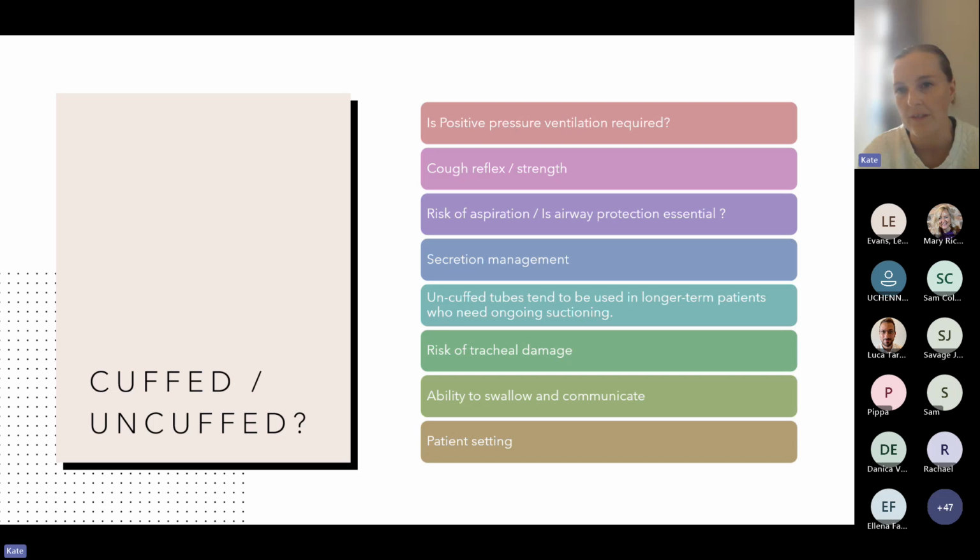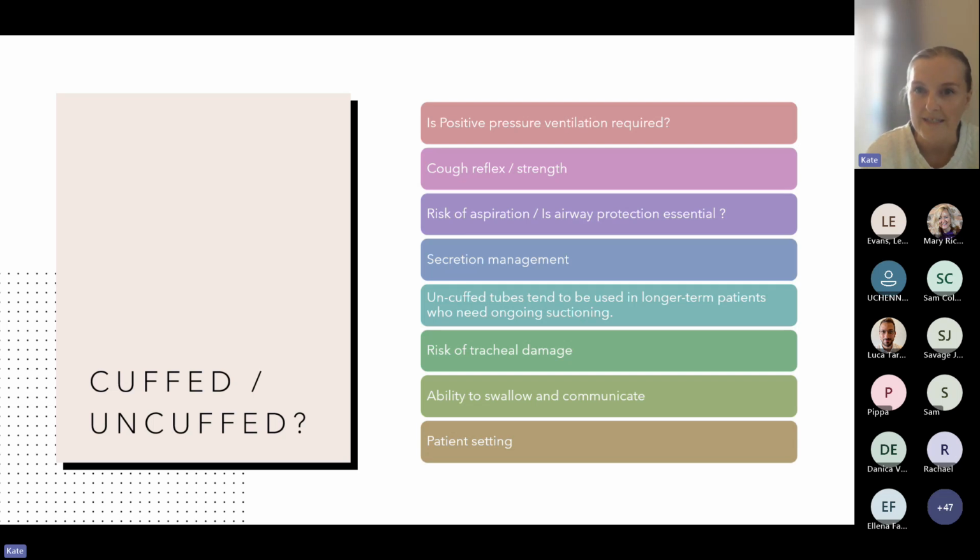It may be that they don't need positive pressure ventilation, but they've got copious secretions that are just pooling, and that may be the indication for a cuffed tracheostomy at that point in time. So please have a look at the cough reflex, its strength, and how at risk they are of aspirating as well.